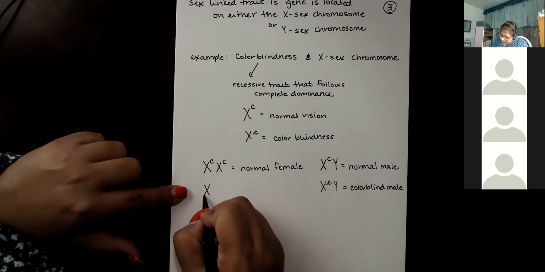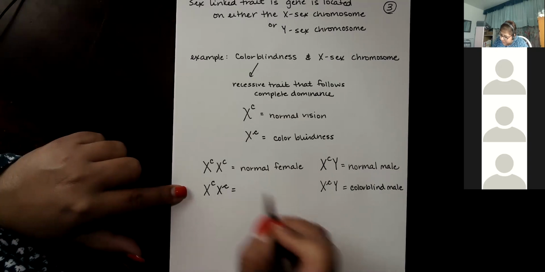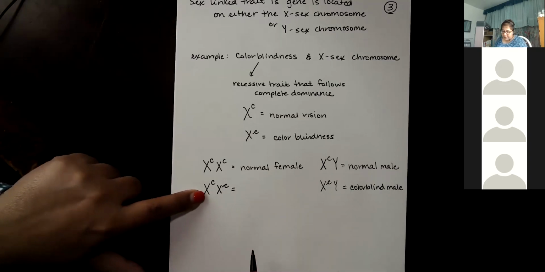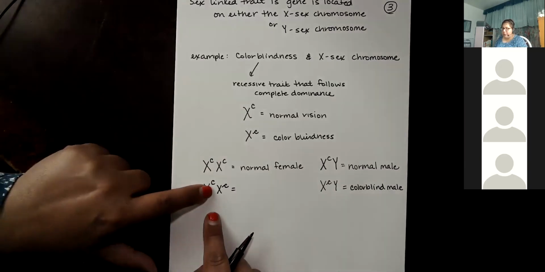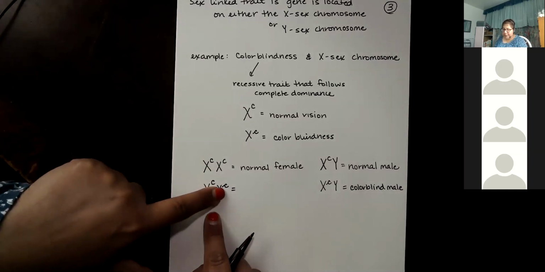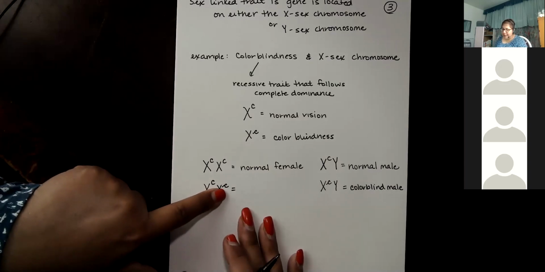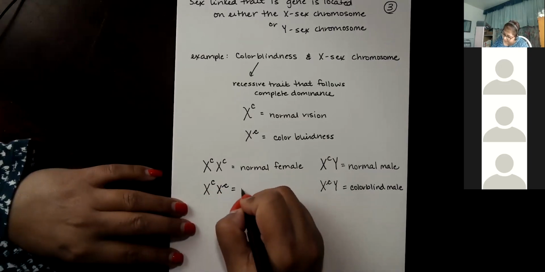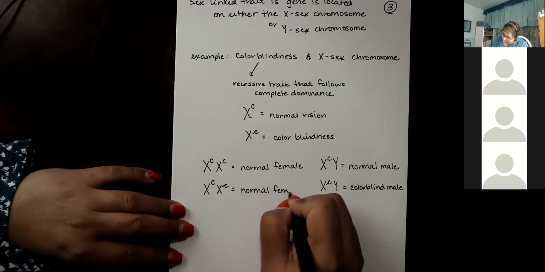For the female, it's possible for her to inherit one of each. In other words, she could be heterozygous. This follows complete dominance, so the big letter is going to cover up the effect of the lowercase c. So she's going to be normal. But we don't call her heterozygous.